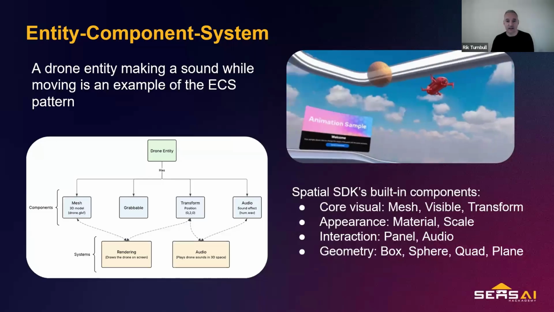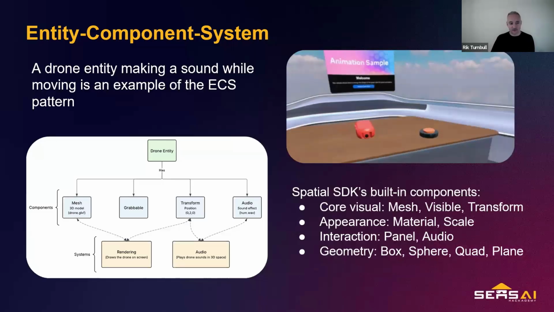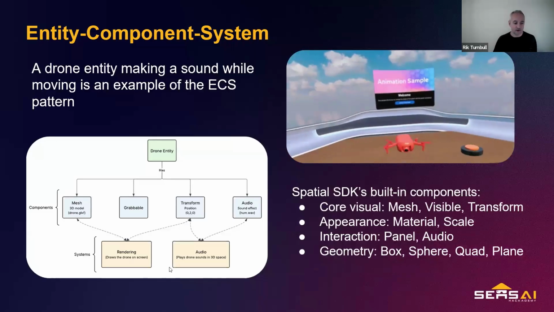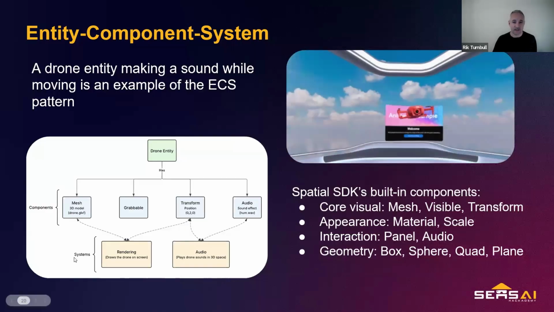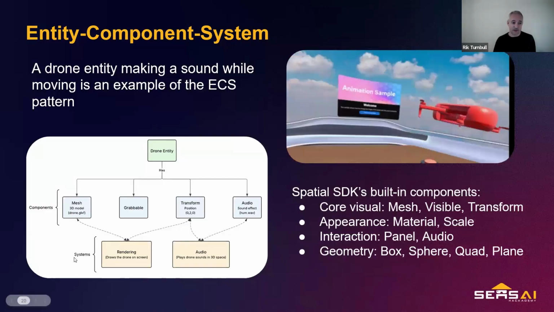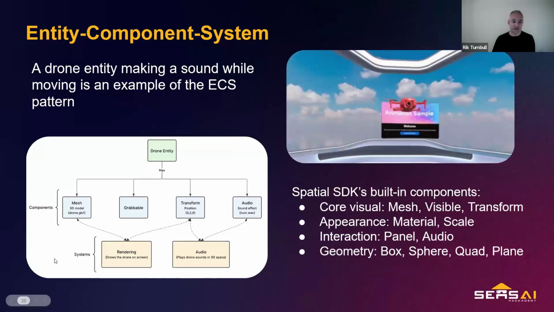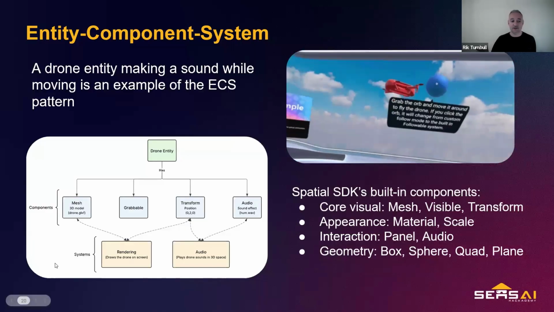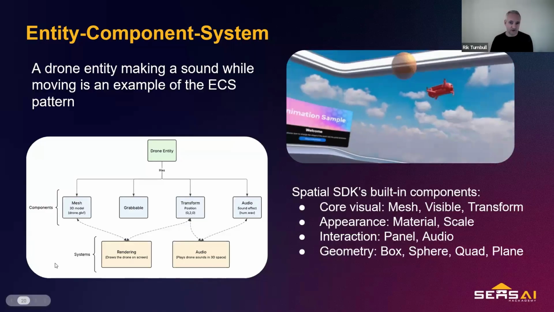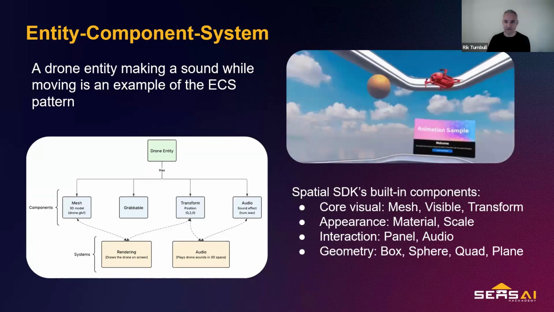And then what happens is there are systems. The bottom layer, which is your game loop, is always running and updating and reading these components. So you have the standard rendering and audio layers, but also your custom ones.